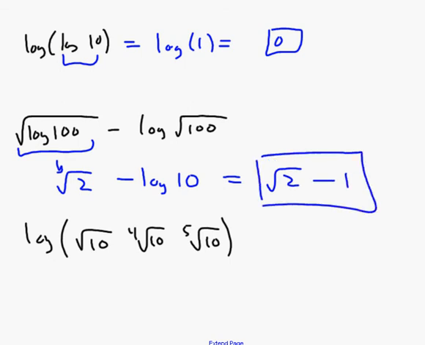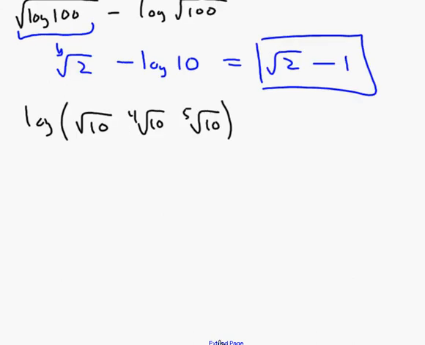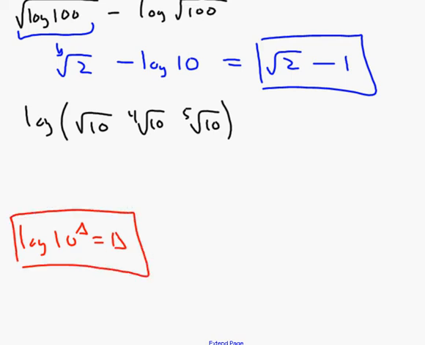Okay. Now, this last question, I'd like to simplify it a little bit. But the problem is this doesn't look like the rule that I love so much. I have 2 rules that I love. Here's one of them. Log of 10 to the triangle power is just triangle. I would love it if it looked that way, and it doesn't. But we can get it to work out if we just do a little bit of thinking.